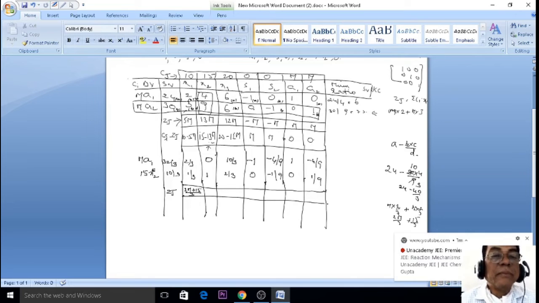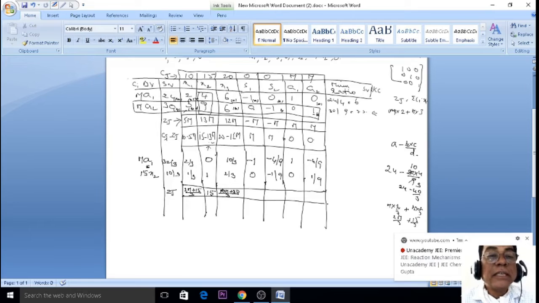Go to the next: M into 0 plus 15 into 1 is 15. Next, M into 10 by 3 plus 15 into 2 by 3. Simplified, you will get 10M plus 30 by 3.